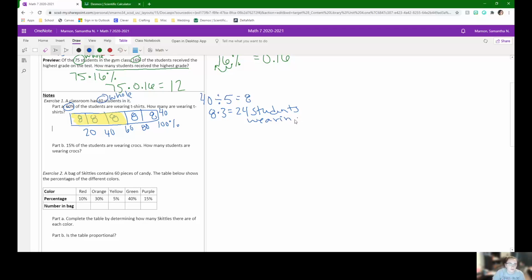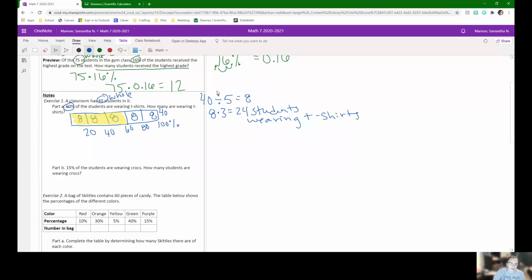Now you don't have to do a diagram, but that's just one way that you could draw a diagram for a percent problem, and I wanted to make sure I showed that to you. If you remember that if we have the whole and the percent, we just need to multiply, you can do that too. So if you just wanted to do 40 times 60%, you can type that on a TI-34 just like that, or you can write it as the decimal.